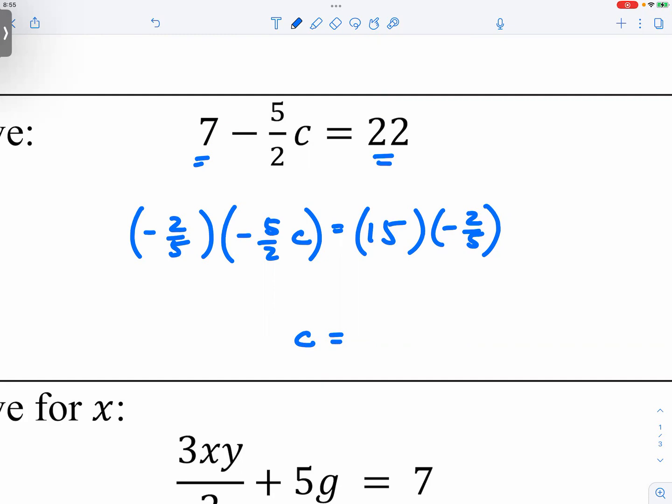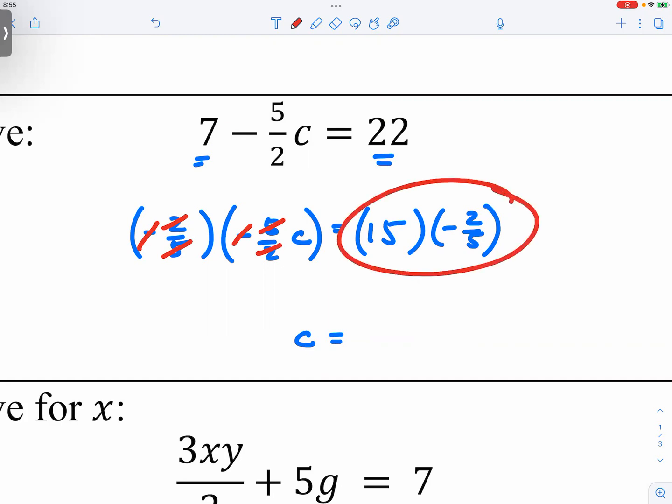And why? Now, you got to ask yourself why. You got to know the why. The why is because we want to just cancel out the coefficient. And then you have just C by itself. You want C by itself? Let's get to that point the fastest and the most direct way. Just multiply by the coefficient.